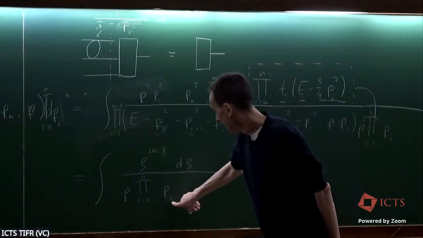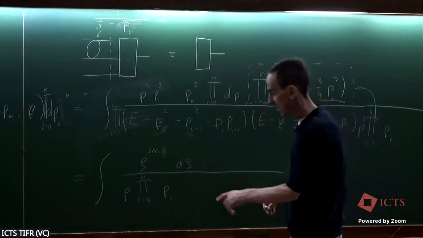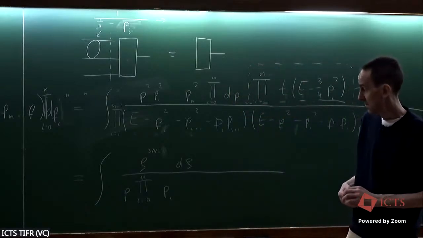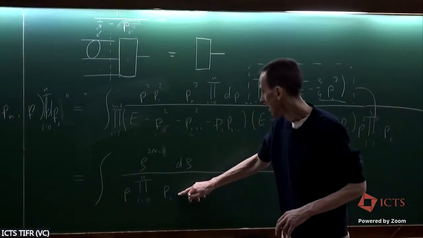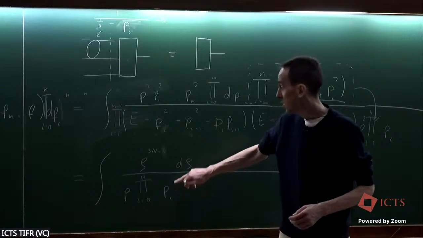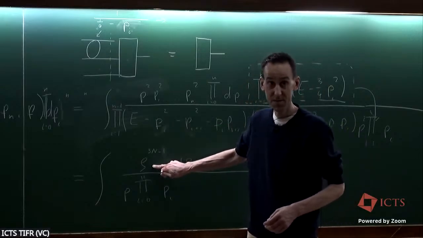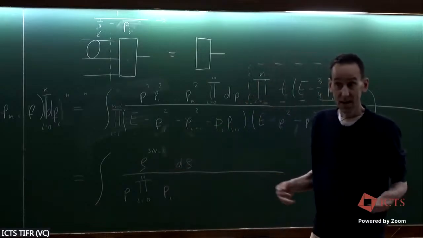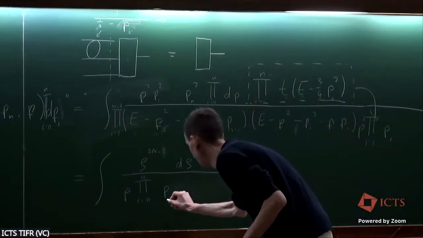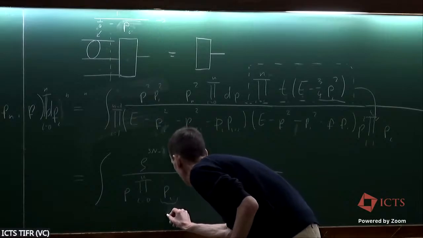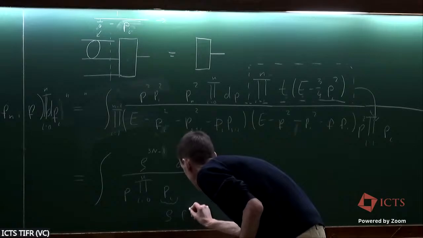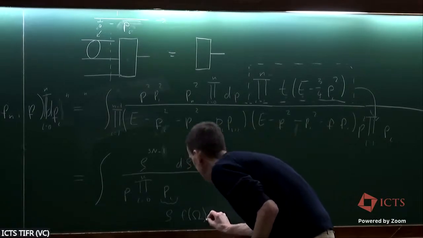And now I need to look up what those p_i are, so the individual magnitudes of the momenta in terms of the hyperradius. That's a complicated, a horrible formula, but it's always proportional to the hyperradius times some function of those hyperangles.